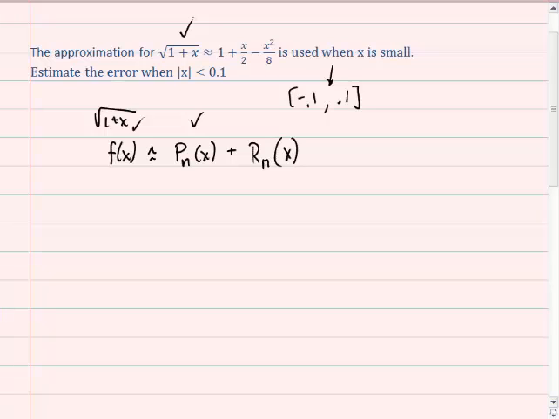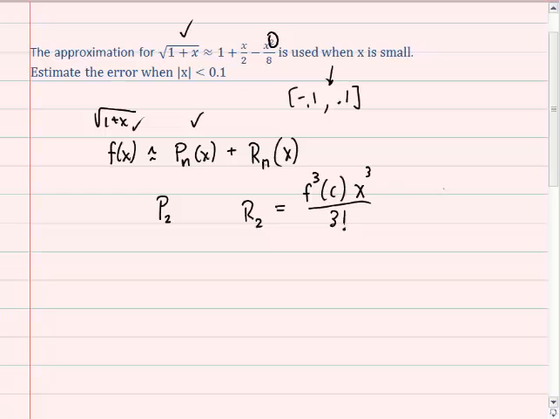Since we're using a polynomial of order 2, and the degree comes from what our power is, we're going to then use a remainder of degree 2. The remainder of degree 2 is just the next derivative at some value c that maximizes our third derivative, multiplied by x to the third power over 3 factorial.